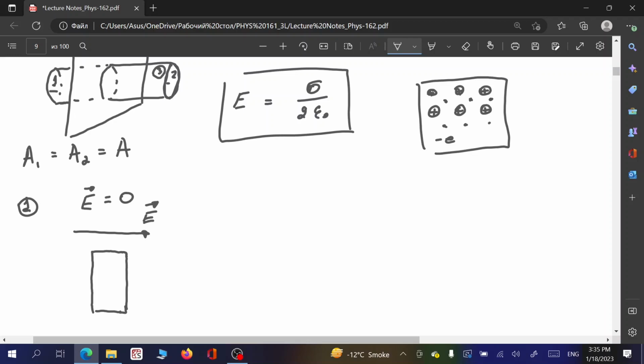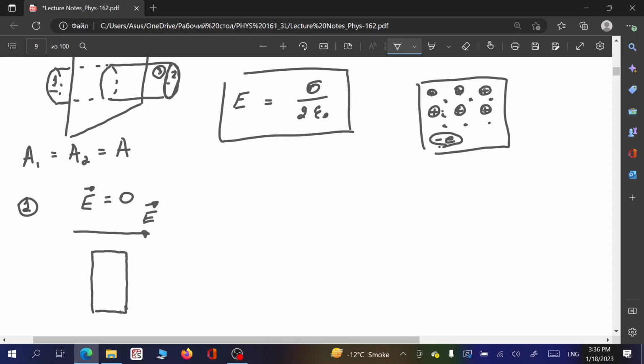So these are ions, positively charged, these are electrons. They are like some cloud of electrons moving around these positively charged ions. So in total, it's an electroneutral system because they compensate each other.